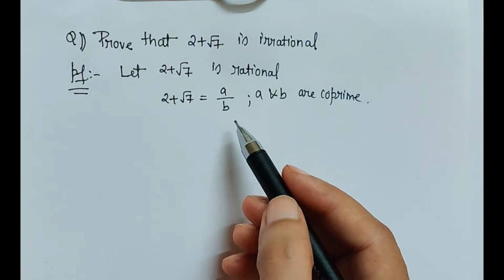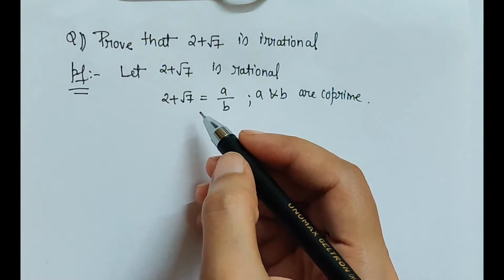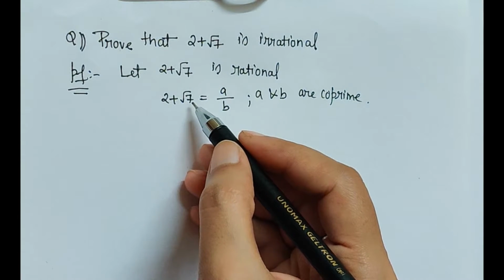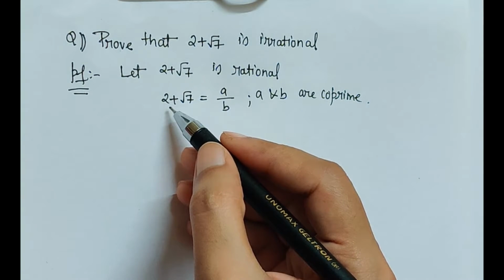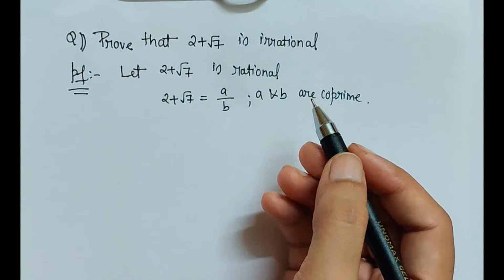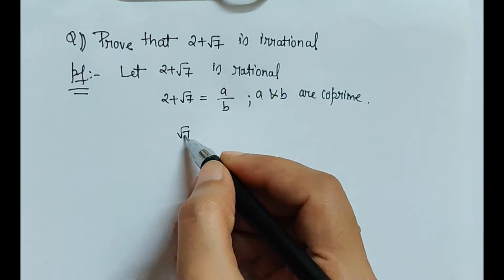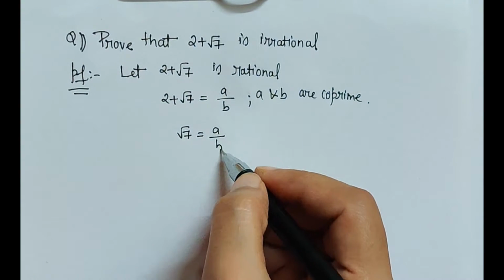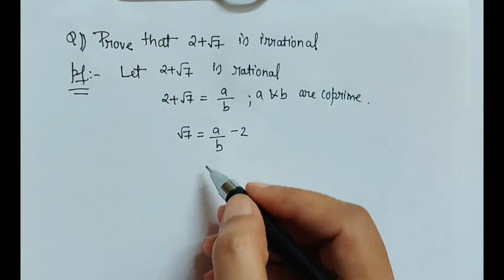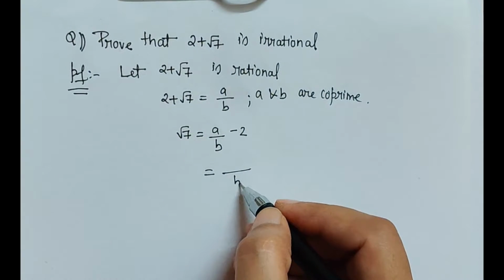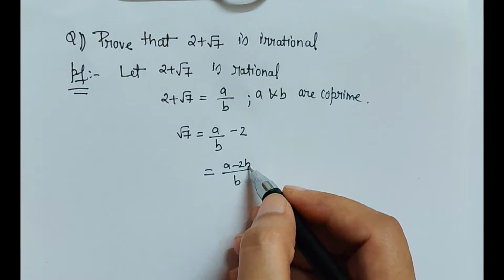Now we will leave only this square root term on one side and bring all other terms to the other side. So root 7 remains here, equal to a upon b minus 2. Now find the LCM. It is (a minus 2b) by b.